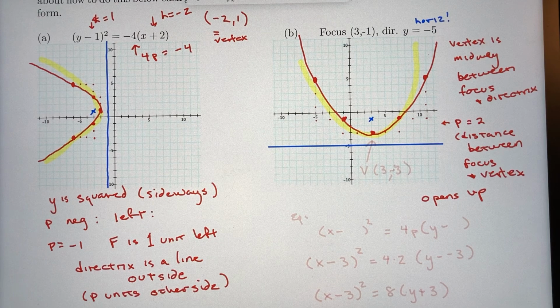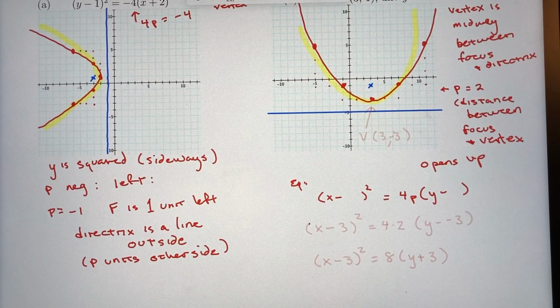Now for the 2 equations, the first one, I gave you the equation and we extracted information from it. This one, I'm going to need the form x minus thing squared equals 4p times y minus thing. So the x coordinate of the vertex, let's see, where's the vertex?